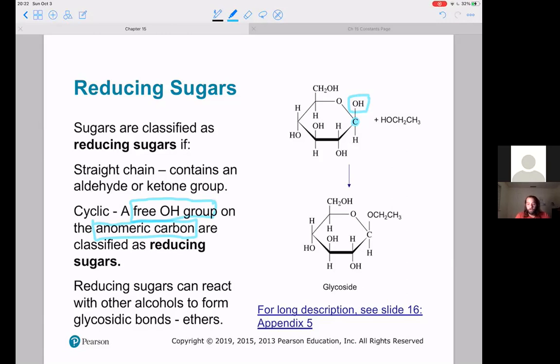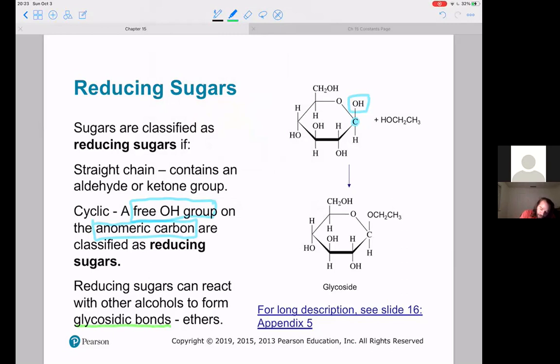In addition to being able to be reduced by reducing agents such as hydrogen gas over palladium or nickel, reducing sugars can react with alcohols to form what are called glycosidic bonds. And this is going to be something that's really important when we start talking about disaccharides, this formation of a glycosidic bond.